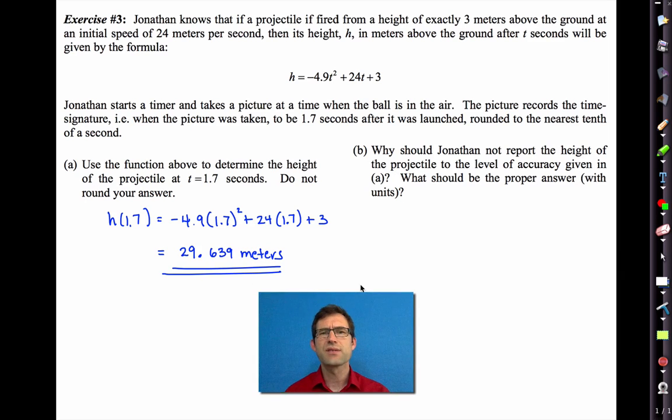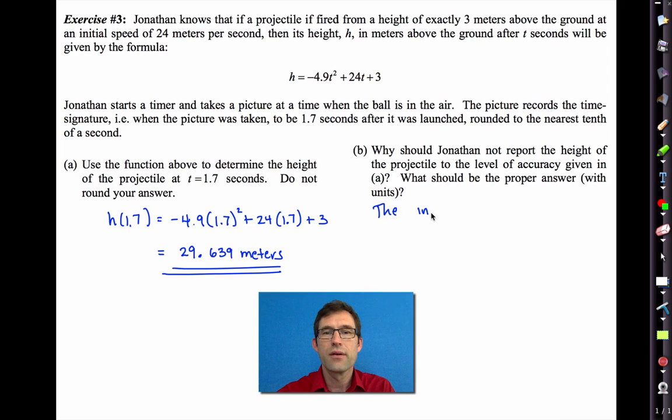Now, letter B asks, why should Jonathan not report the height of the projectile to the level of accuracy given in A? What should be the proper answer with units? Well, think about that for a second. Well, now this might also be debatable, but there's one thing for certain.